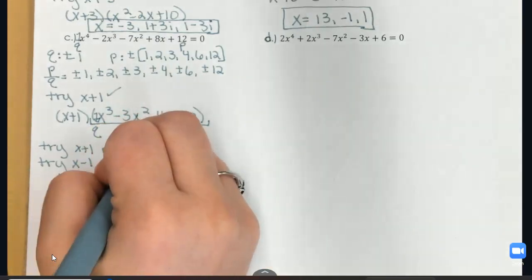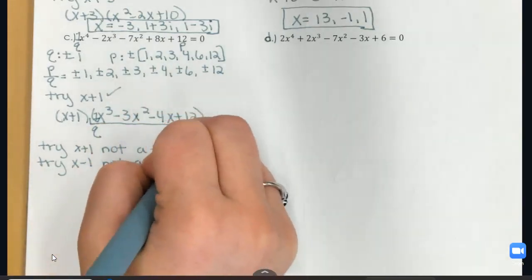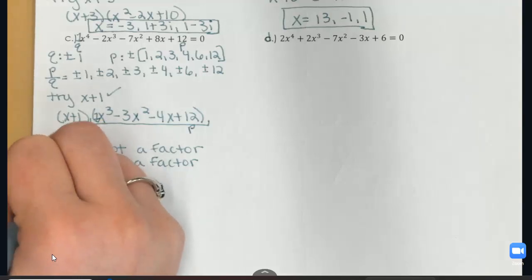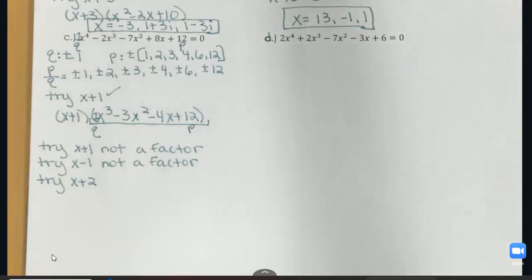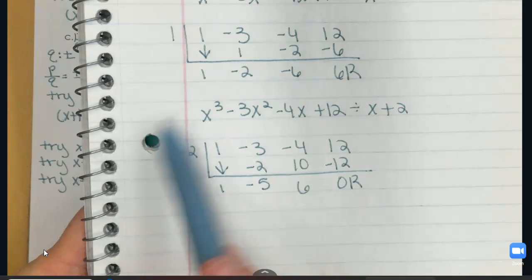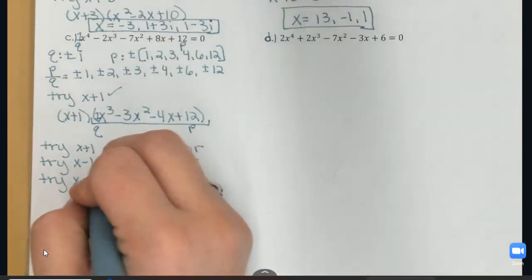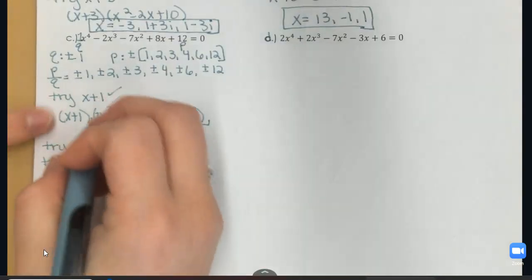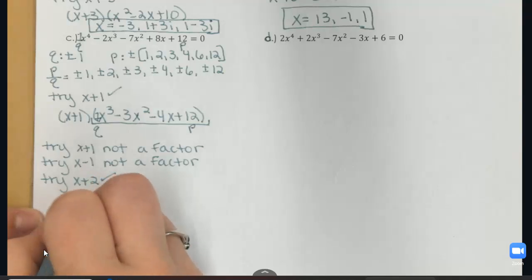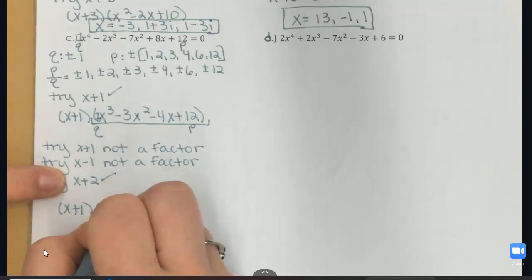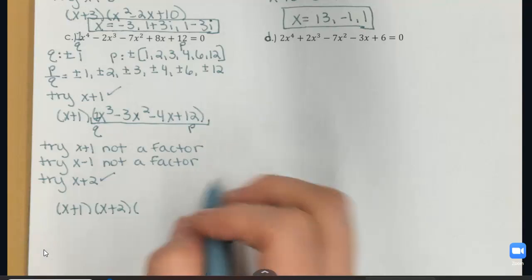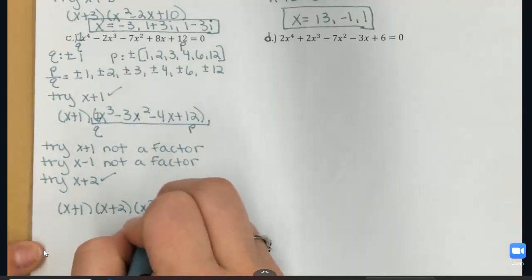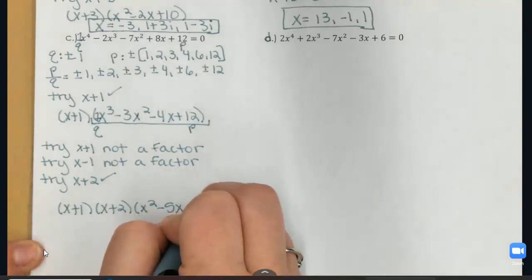So I'm going to now try x plus 2. And that was successful. I did get a remainder of 0. So what this means is, again, I first started with x plus 1. Now I have factored x plus 2, and what I have left over from my synthetic division is x squared minus 5x plus 6.